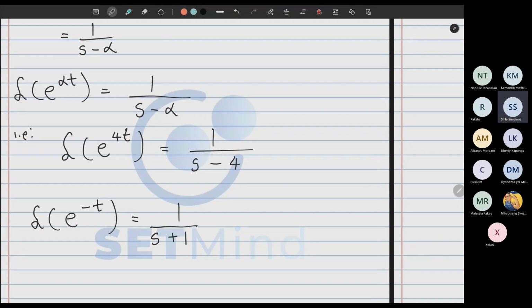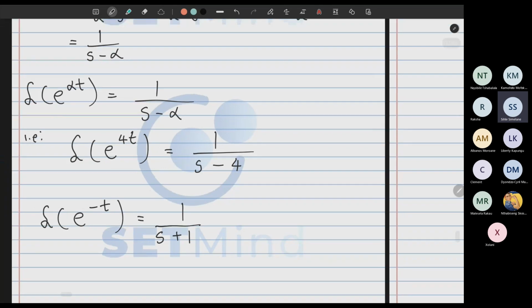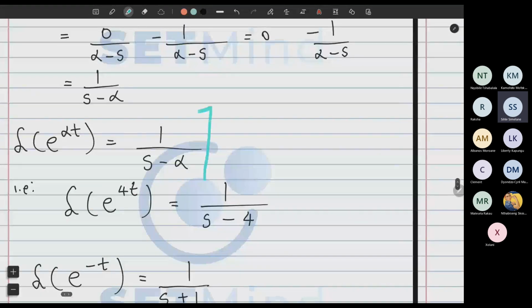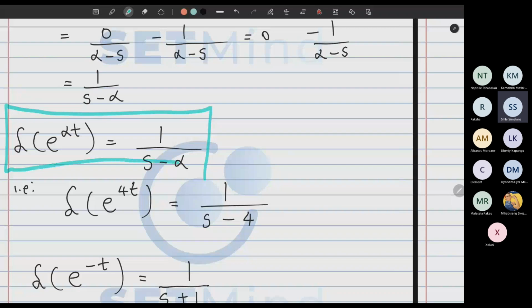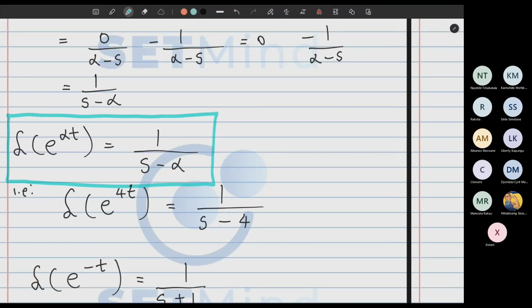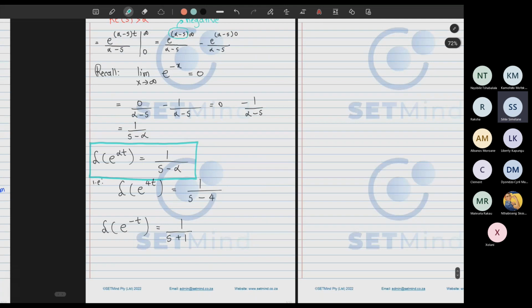Right, so we now see that this has become more of a rule, but we actually had to do it manually. In the future, we know that if we're looking for the Laplace transform of e to the power of something times t, it is just 1 over s minus the something. Okay, are we on the same page?